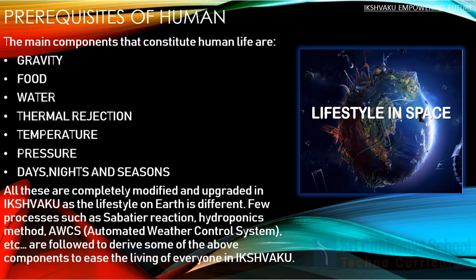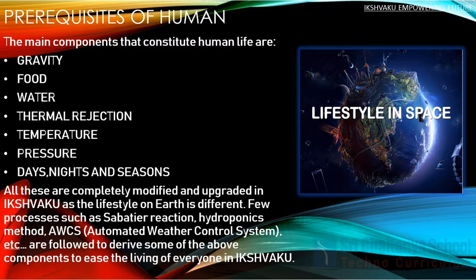Food is a very important need for human beings. In Ikshvaku, we follow the hydroponics method to bring out the source of food, that is agriculture. Next is the water. We produce water through the Sabatier method. Atmosphere. The atmosphere of Ikshvaku will contain oxygen and carbon dioxide. Electrolysis process is followed.